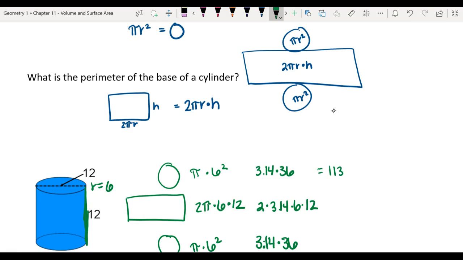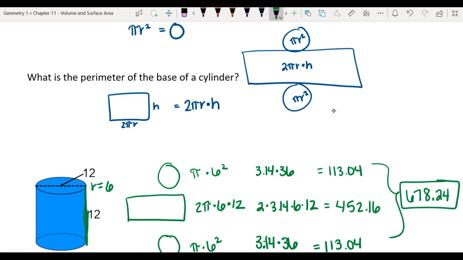So this is 113.04. This would also be 113.04. This is 452.16, and you'd add all 3 of those up to get 678.24. So the surface area of this cylinder would be 678.24 units squared. Okay?